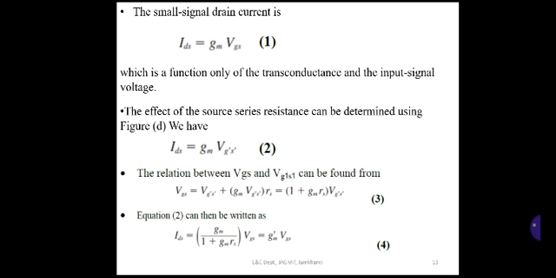So we can write equation number 2 as IDS equal to gm into Vg dash S dash. Replacing the value of Vg dash S dash, we get IDS equal to gm divided by (1 plus gm RS), into VGS. That is nothing but gm dash into VGS.